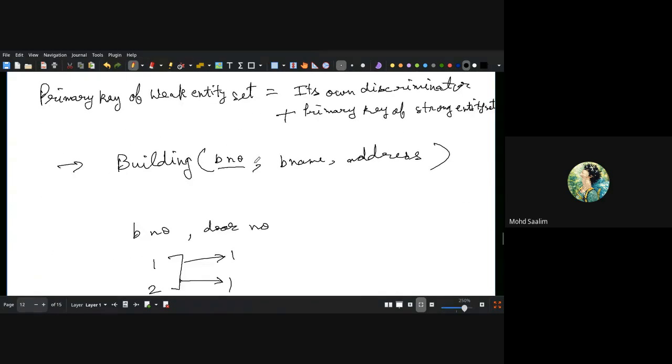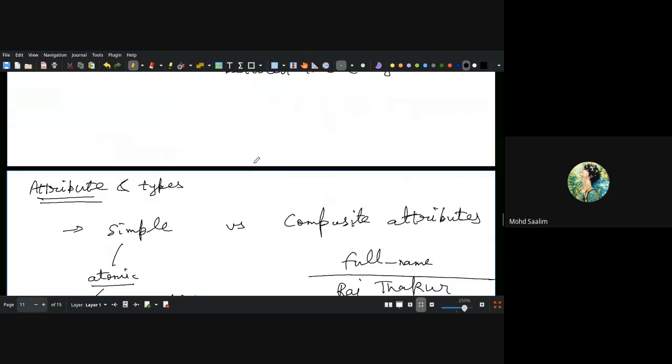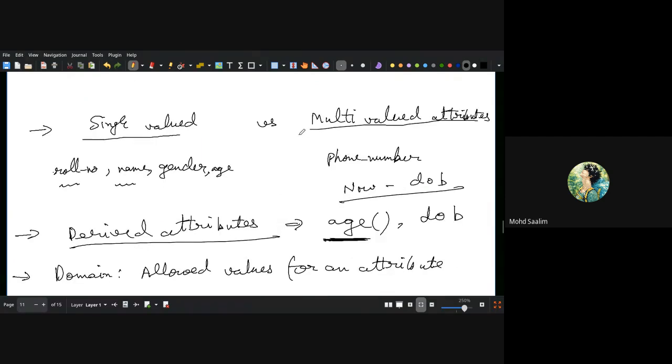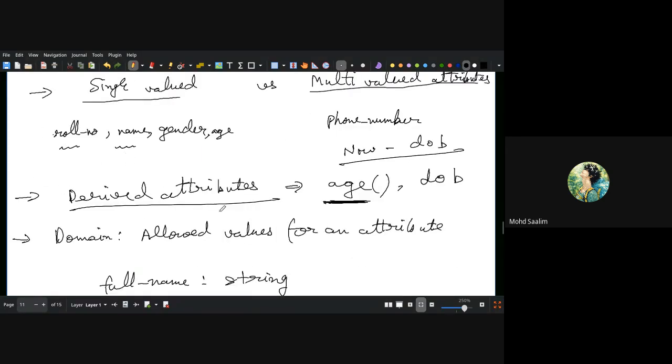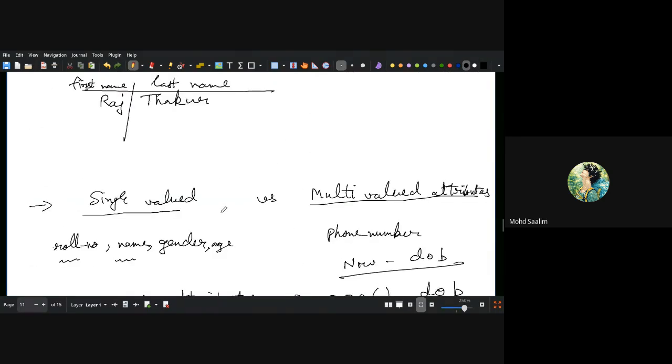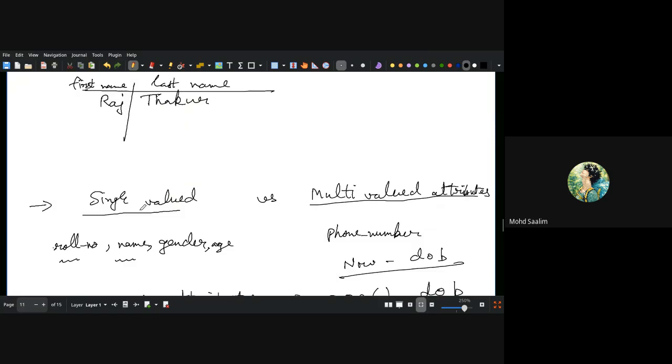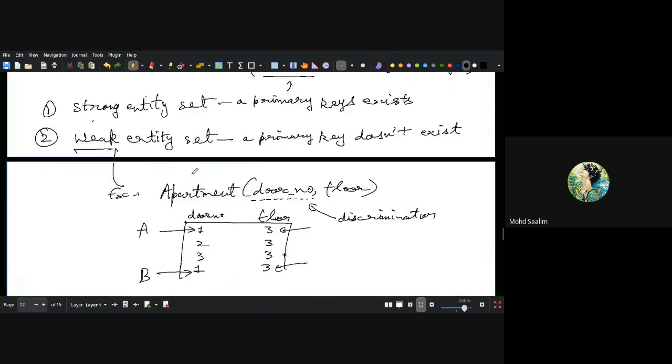Now let's see the representation of all of them: simple, composite, single valued, multi-valued, and derived attributes in the ER diagram. Simple attribute is of course simple, and single valued is also a simple type of attribute, so there will not be special representation for them.